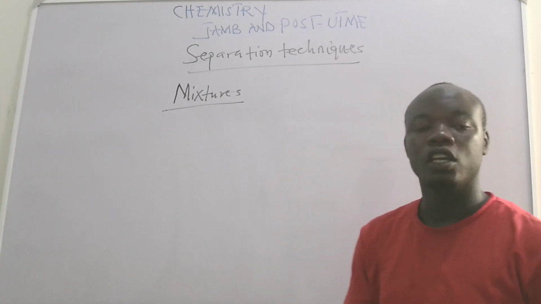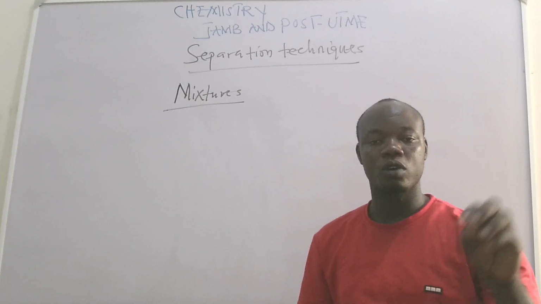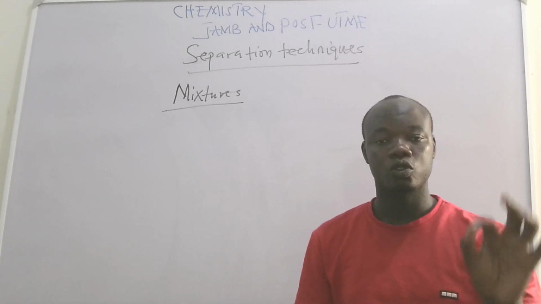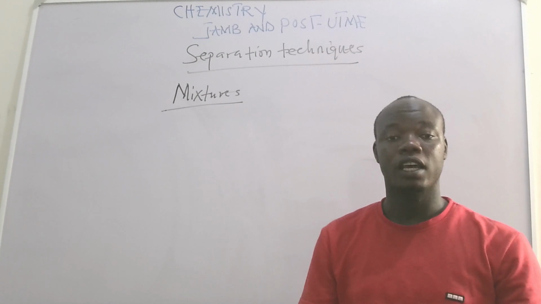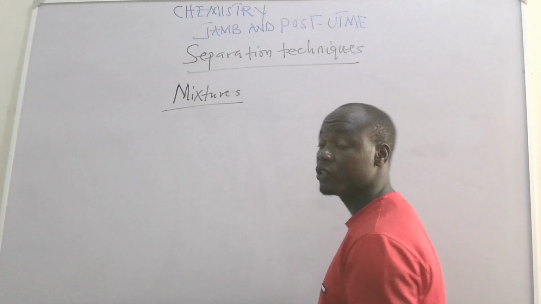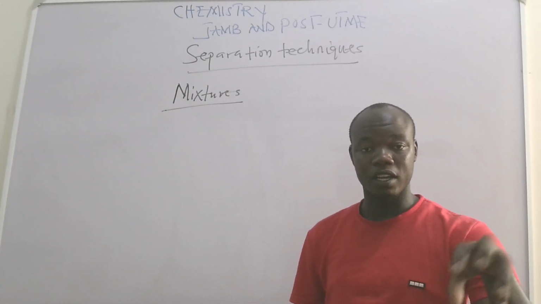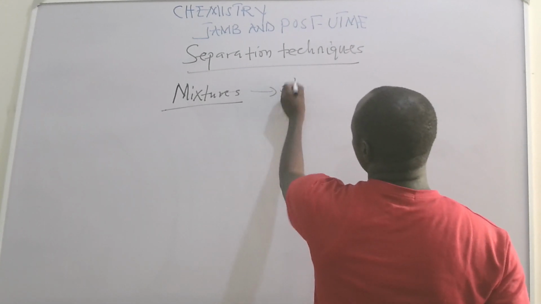A mixture is when you have two or more substances that are physically combined together. When two or more substances are physically combined together, that combination is called a mixture. The key in defining a mixture is the physical method.